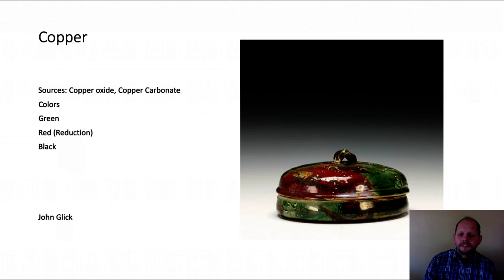So if it's in oxidation, you'll tend to get blues and greens, depending on the content of the glaze, whether it's an alkali metal or alkali earth. But in reduction atmospheres, you can get all sorts of different colors, including red.